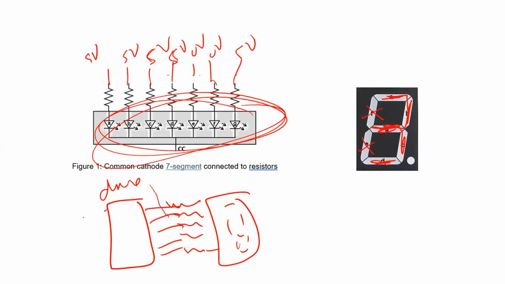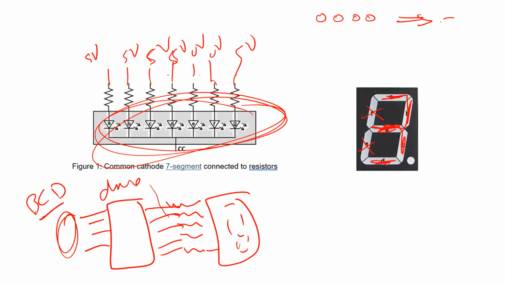This driver has 4 inputs, as we see here. These inputs are BCD, binary numbers. These inputs can have binary numbers from 0000, which corresponds to number 0, until 1001, which corresponds to number 9. I should not input anything after 9, like 10.